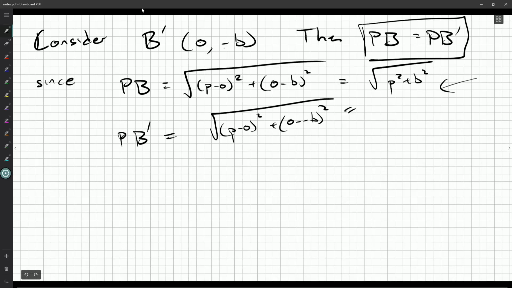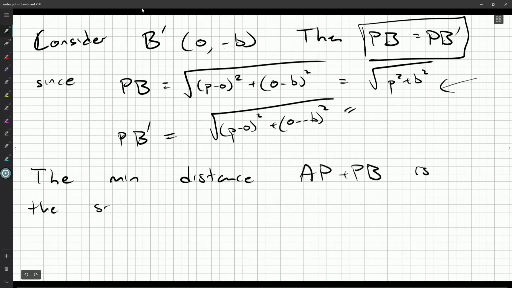But okay, the min distance AP plus PB is the same as the min distance of AP plus PB prime.